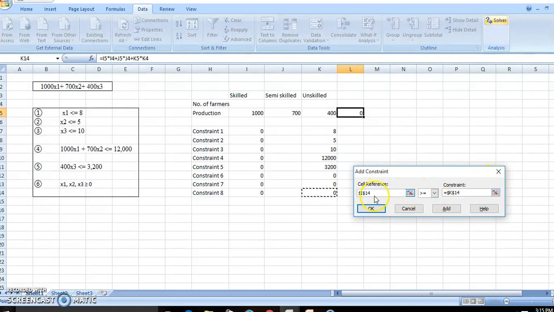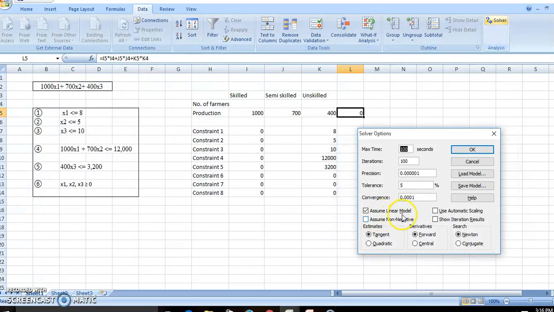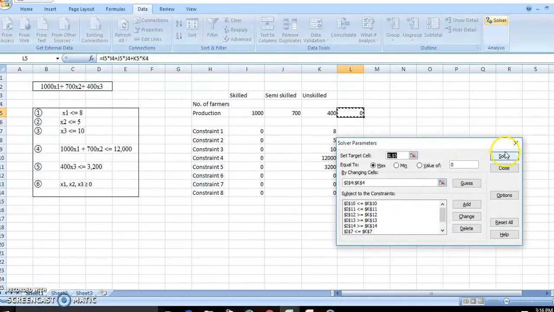After having written all the constraints, I will click OK and check if I have all my constraints. So next, I'm going to click on options and see if assume linear model has been checked. Select OK and then select solve.